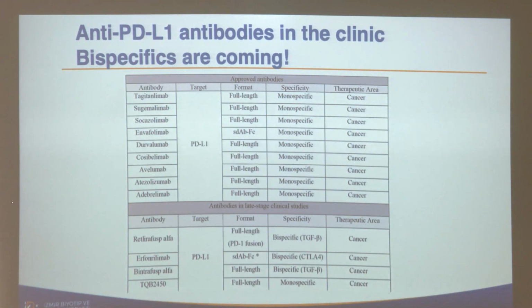But even if you make two targets, it is even better, right? Because you hit two birds with one stone. That's important, and they are coming not only for PD-L1, but most of them try to do bispecific.